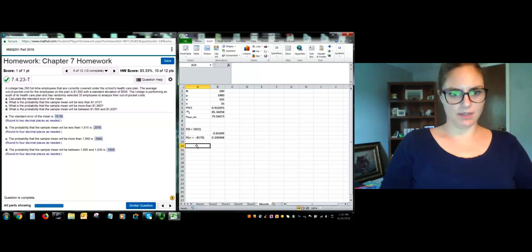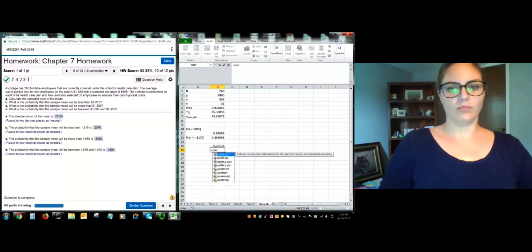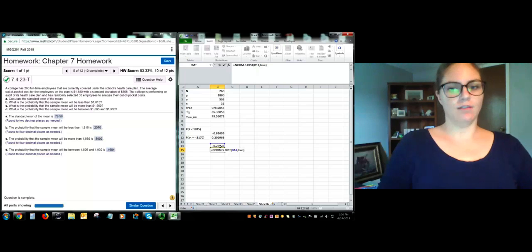All right, this is the probability that the sample mean is going to be more than 1860. First finding the z-score associated with that using the standard error of the mean adjusted. Finding the probability of that and everything below it. Here it's asking me though what the probability of being more than that value is.